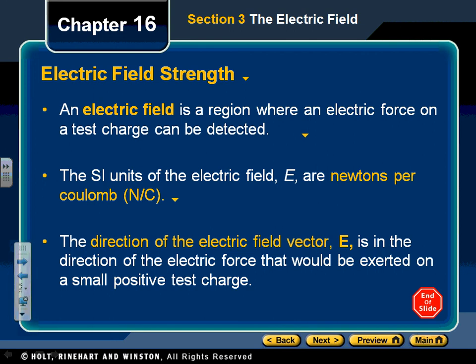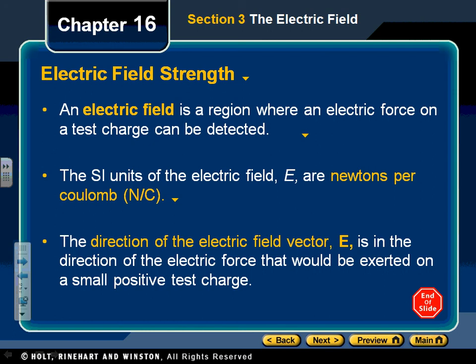Now the electric field, this is the region where the electric force is detectable. Like with the Van de Graaff generator, there was a certain distance I could get away from it that I couldn't feel the electric field force, or the charge would not jump. But as the charge increased on the generator, the electric field got larger, and I could be further away and still feel it.